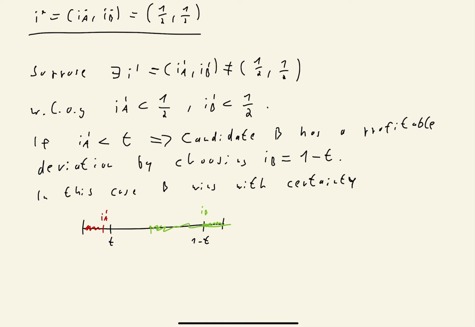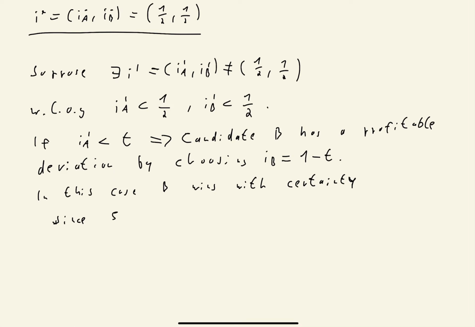And the consequence of this is that B wins, and not only does B win, but he wins by having chosen his true ideology. So he's minimizing the distance between his true ideology and his chosen ideology. So let us write this down. He wins with certainty since the following holds.